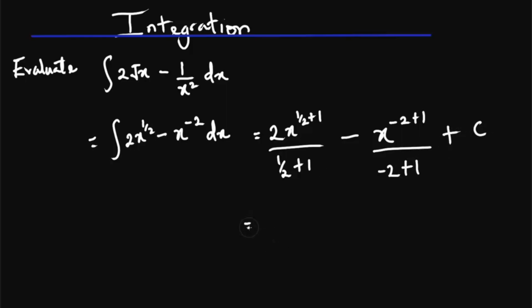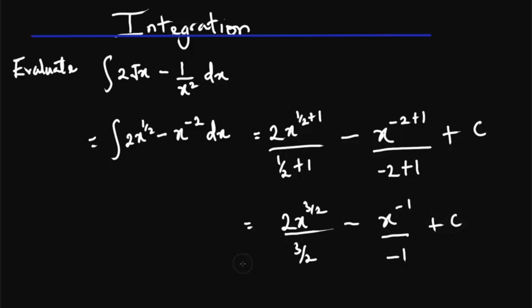So this becomes 2x to the power 3 over 2 divided by 3 over 2, minus x to the power minus 1 divided by minus 1, plus c.